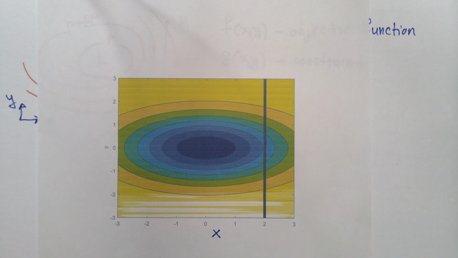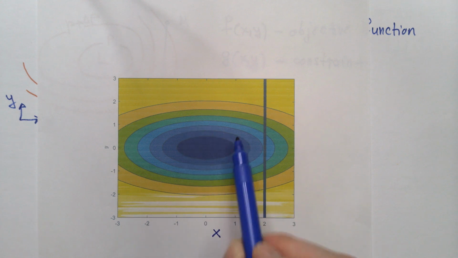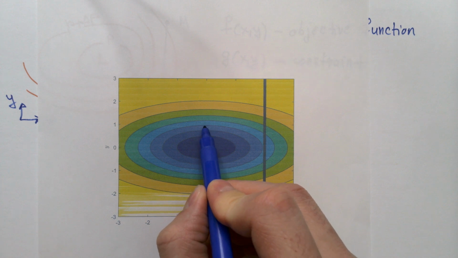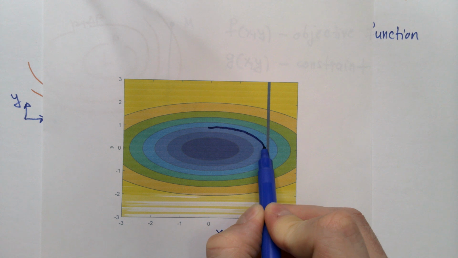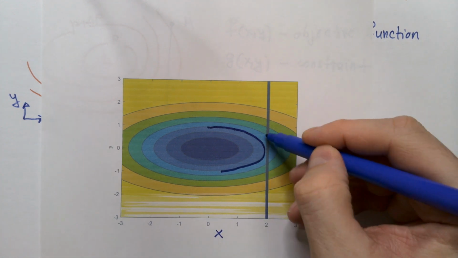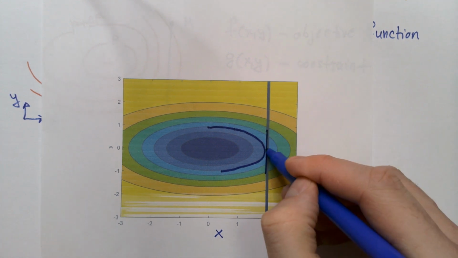beautiful mathematical problem. Now, if you look into these ISO lines, notice that, let us look into this one. Notice that this ISO line is curving like that, and basically it is touching our constraint in this point over here.